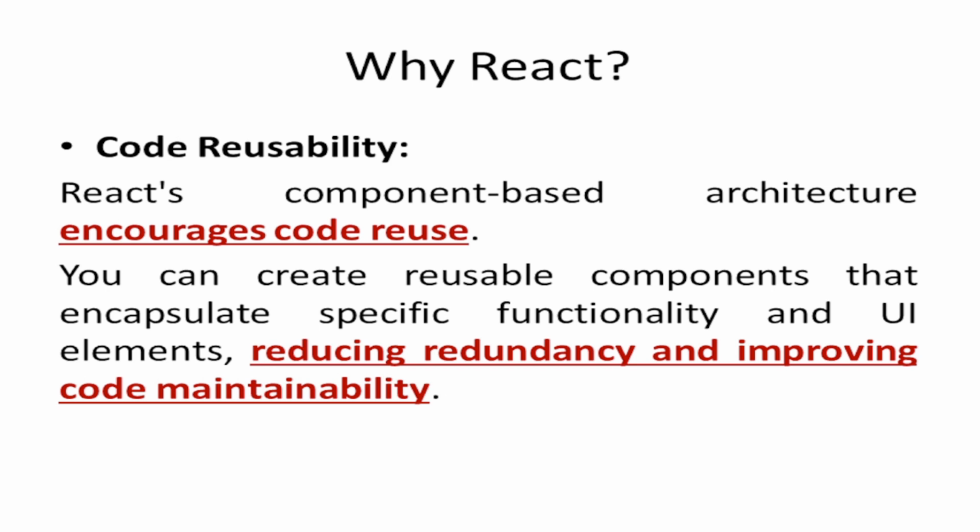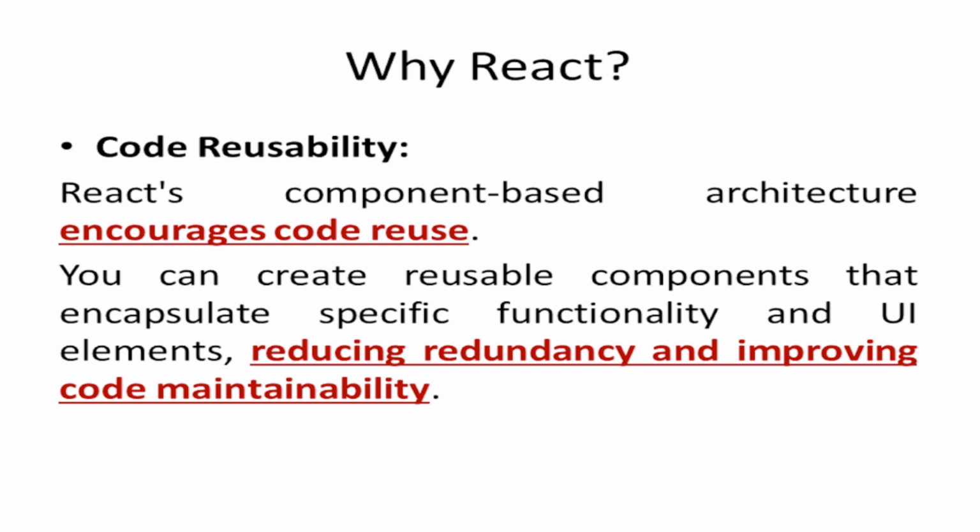When you talk about React, we can put that entire menu inside a component and reuse it. Whenever I need that menu, I can just call this function. So reusability is the important factor, reducing redundancy and also improving code maintainability.